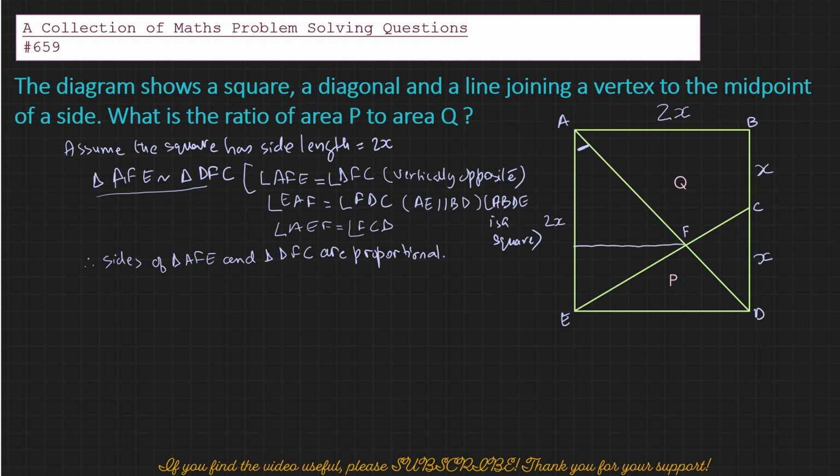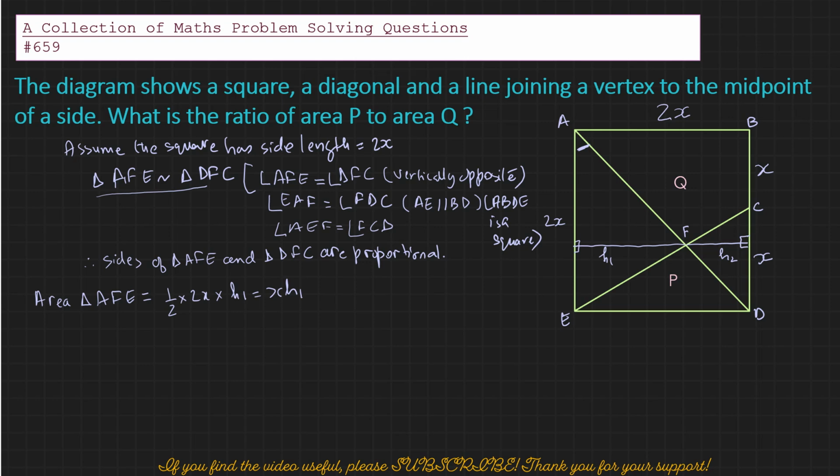Let the height be h1 and the other height be h2. The area of triangle AFE is half times base, which is twice x, times h1, and so that is x h1.